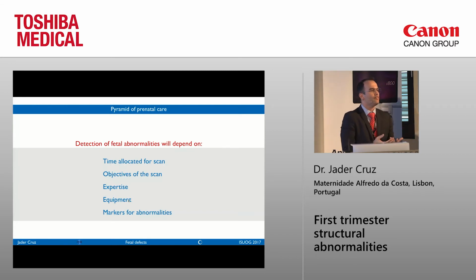You need to have a newer one that has a better definition of image. And in this, you enter the help of new technologies. And of course, it will depend on you knowing how to see the structure you want to see, and also markers that can help you to assess better the structural abnormality.